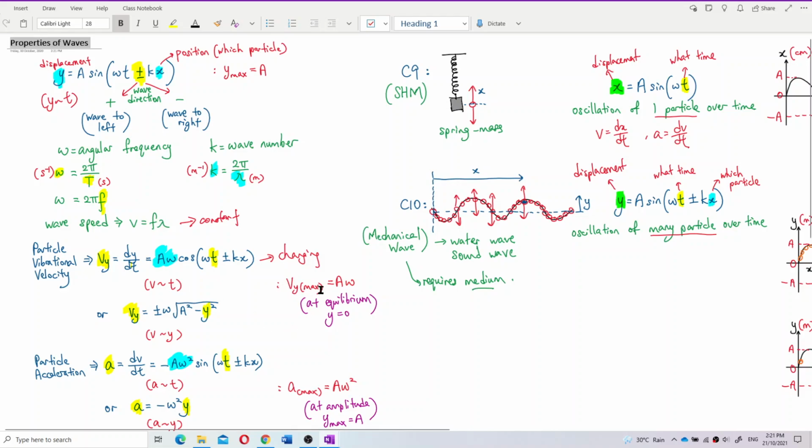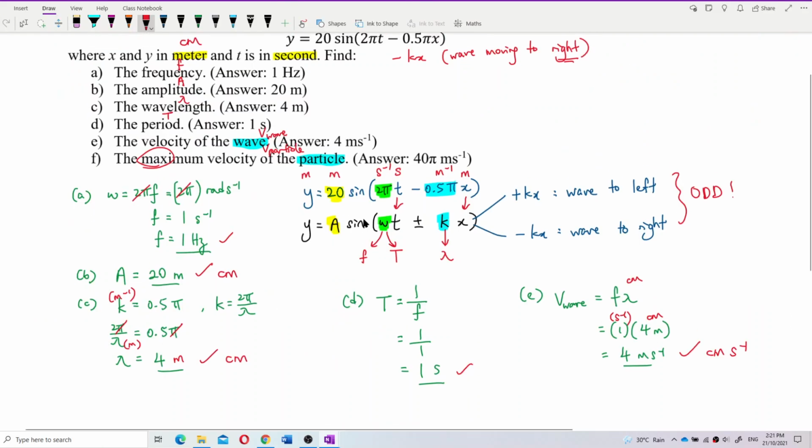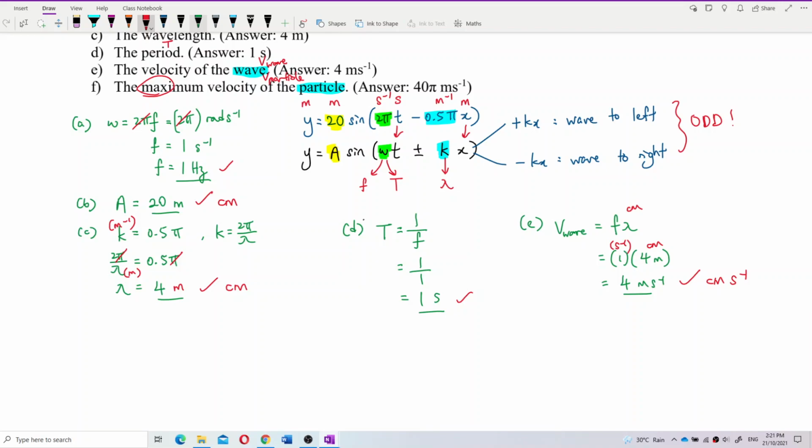If the maximum acceleration is a omega square, the maximum velocity is a omega. So very simple, you just find a omega. Of course, if you want to find the particle vibrational velocity, you need to differentiate, and you get a formula, and the front part you will get is a omega.